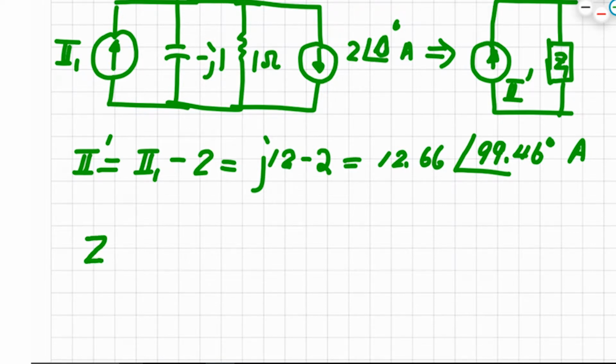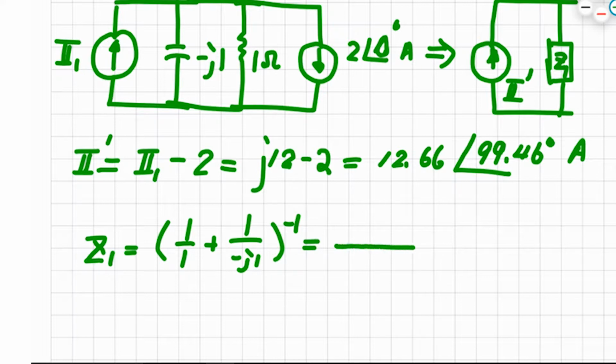Now let's look at what Z prime, the Z1, is. Z1 is equal to, remember, 1 over 1 plus 1 over negative J1, and then the whole thing is taken reciprocal once again. That turns out to be negative J1 times 1, over 1 plus negative J1.